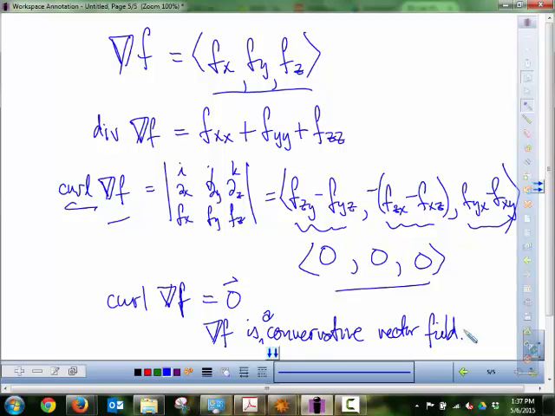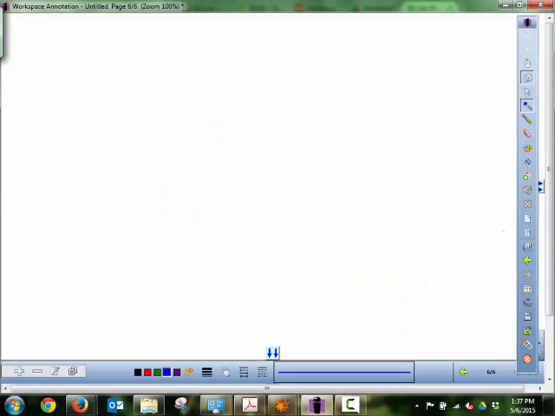Now we do, yeah. So if you take any vector field, capital F, and you take the curl of that, and you get 0, that must mean it's conservative. Yep.